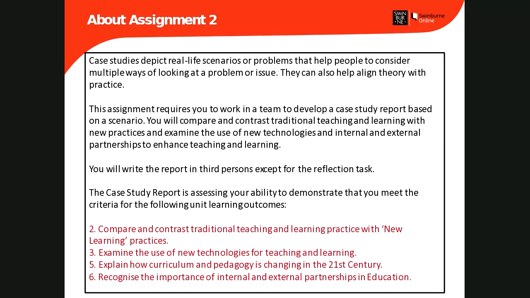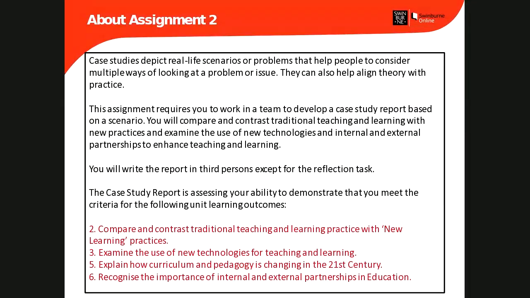Okay, and what we're going to do is start to break down each of the parts of the assessment so you can see how these unit learning outcomes link to those different parts. I really think the key to this assessment is seeing that this is a way you can show us what you've taken from the course, and if this was your primary school that you would be working in at that year 2 level, what would you do to start to implement some 21st century teaching and learning approaches if they were your students?